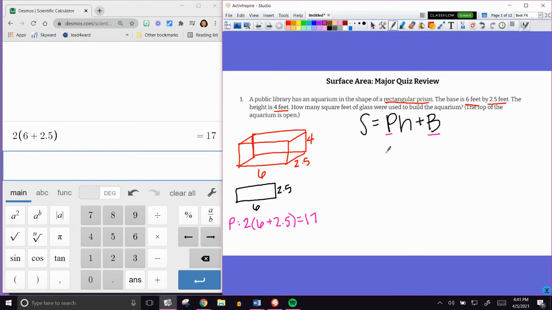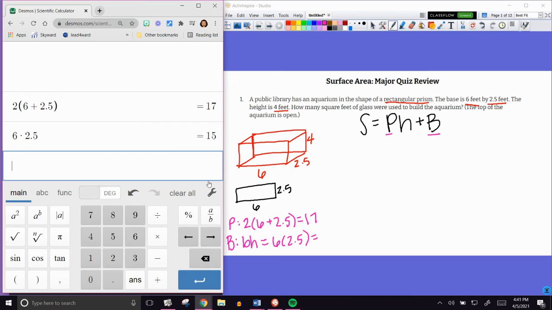And capital B, that's the area of the base. My base shape is this rectangle, so I'm going to do base times height, which would be 6 times 2.5. So the area of my base is 6 times 2.5, or 15.